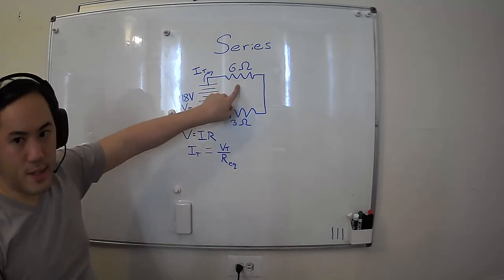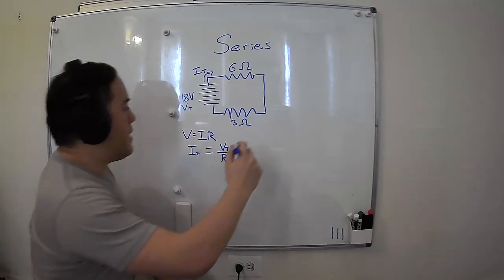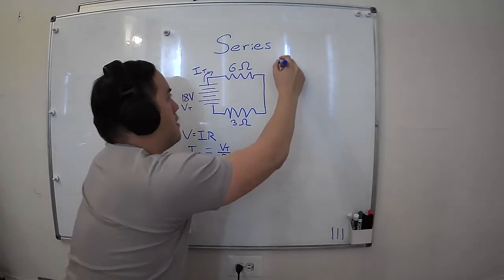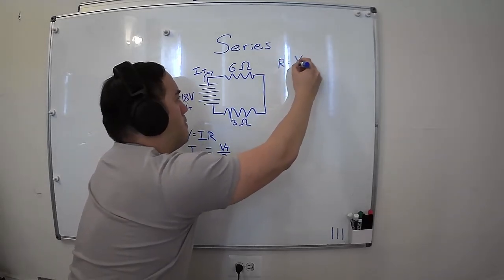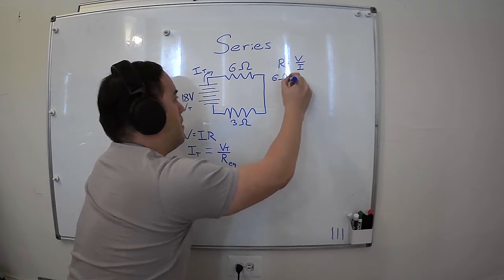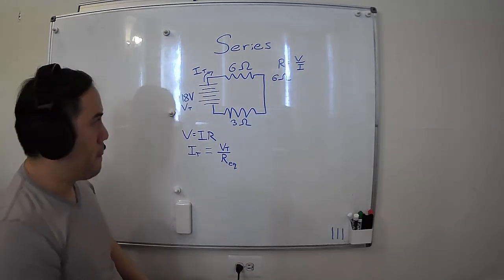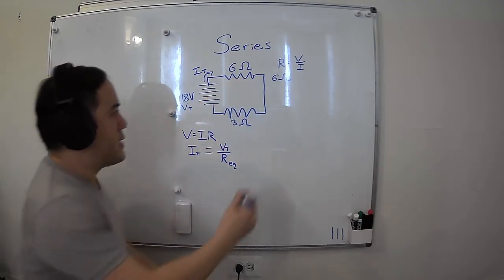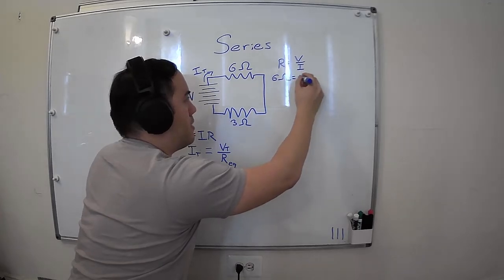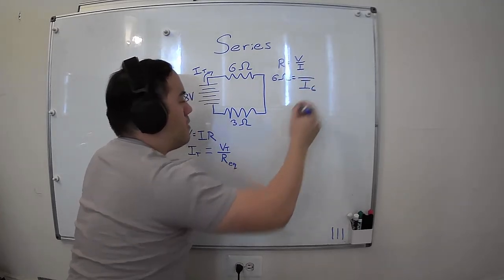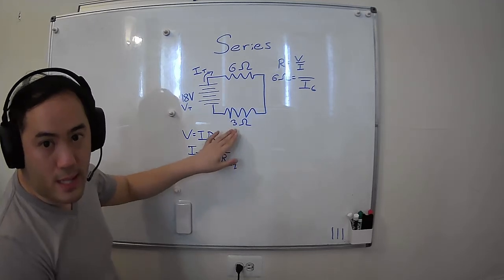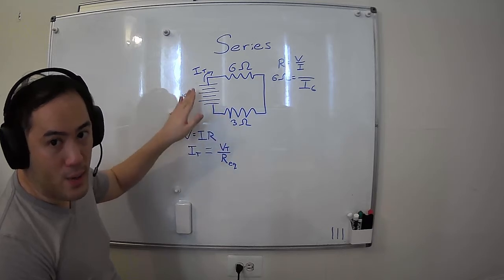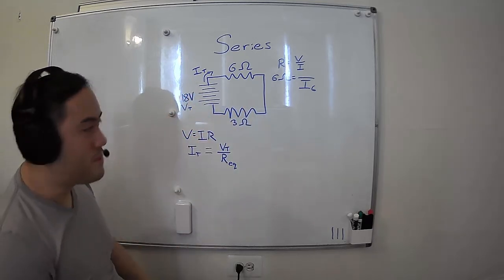So this 6 ohm resistor, let's say the current through the 6 ohm resistor is I6. And the current through the 3 ohm resistor is I3. I3 might be the same as I6, and they might both be the same as I total. But for now, let's call them I6 and I3.